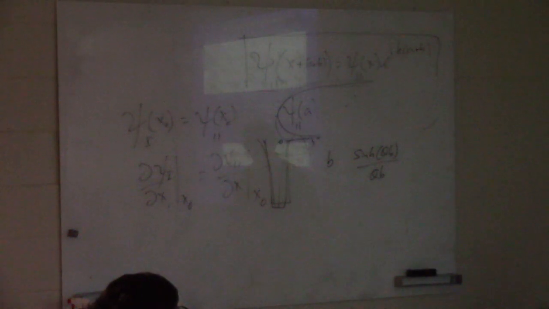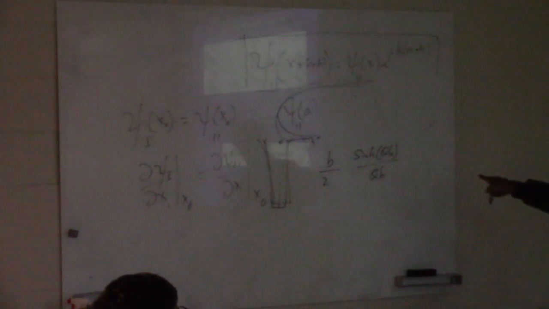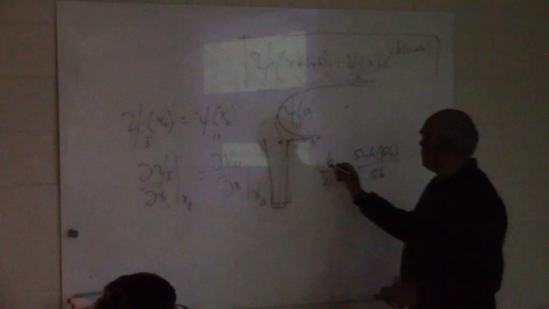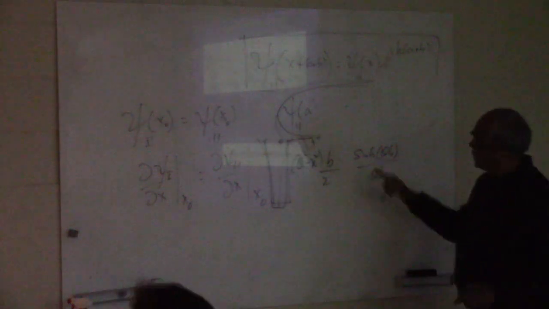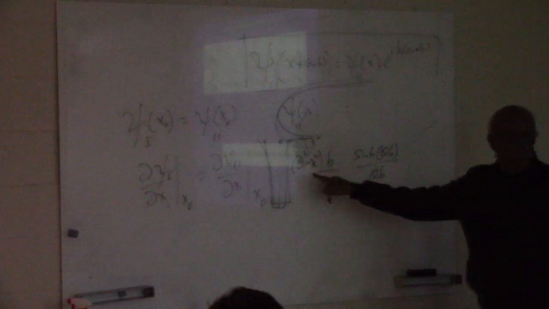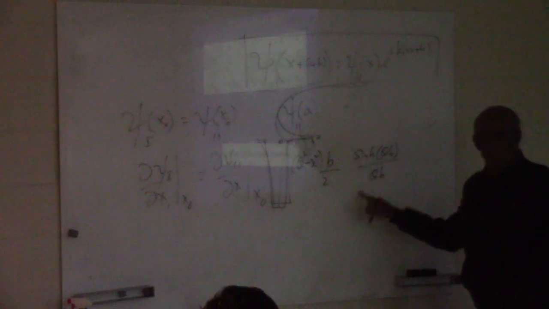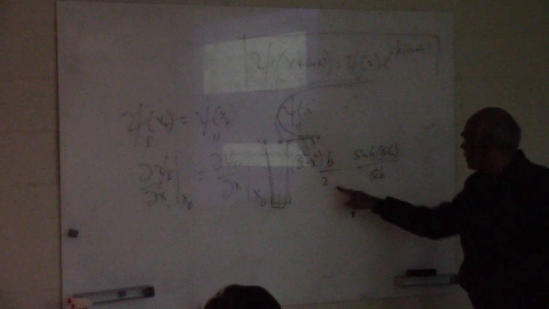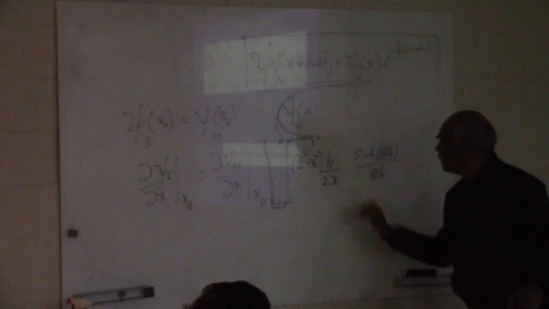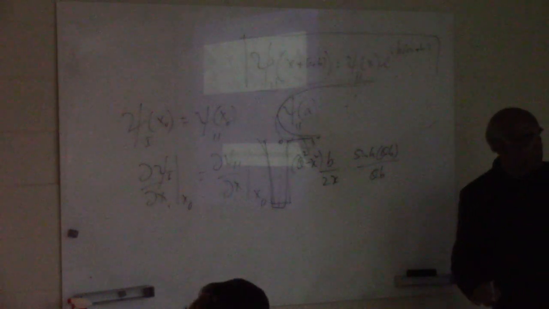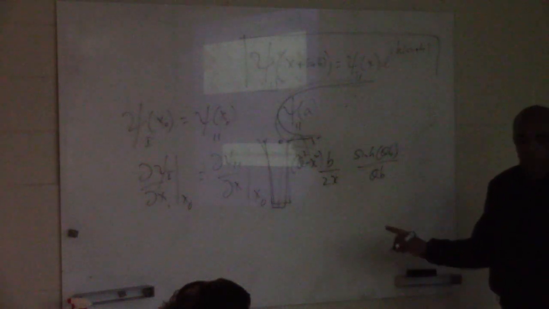Then I have 2 kappa here, and upstairs I have q squared minus kappa squared. These are constants, right? Is that clear?